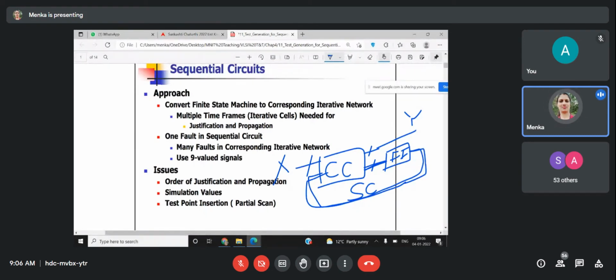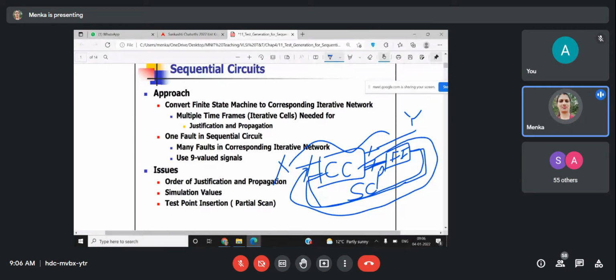So here the problem is, in the case of combinational circuits, we were just feeding forward. Whatever we are giving, that is only propagating towards the output side from x to y. But here, partially you have some of the inputs which were part of the output. So actually this is a cycle.